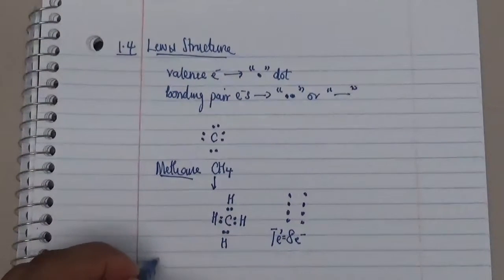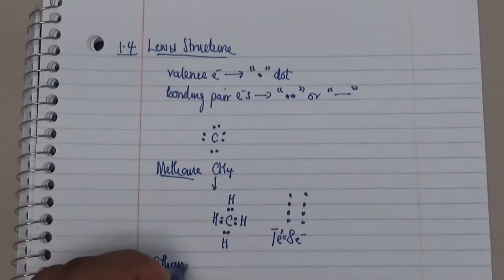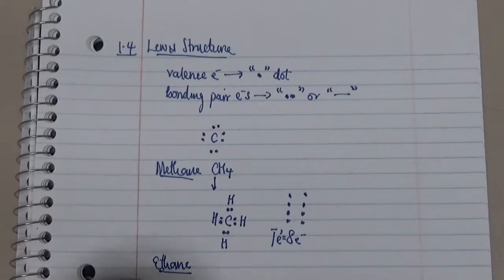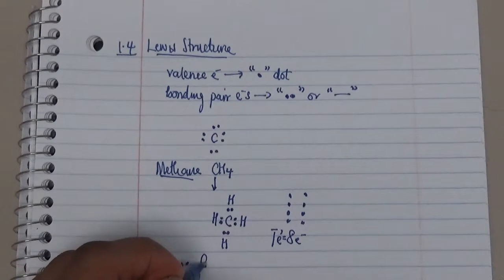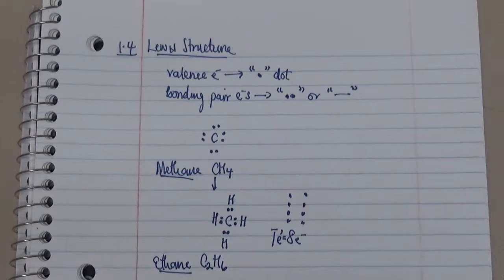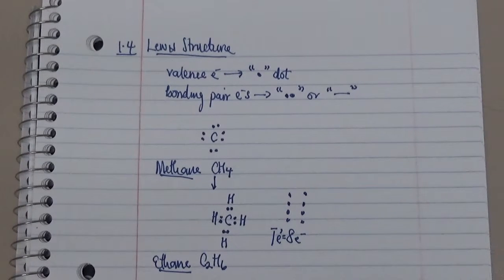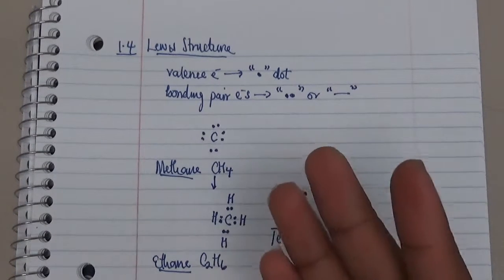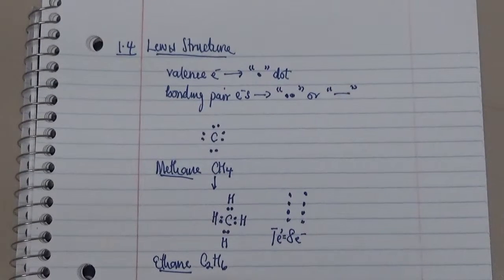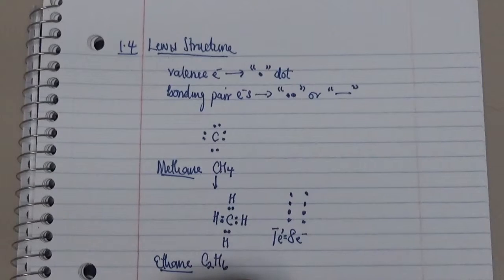Anyways, next we have ethane. And ethane has a molecular formula of C2H6. Now we know that carbon has 4 electrons, and since you have 2 carbons, 4 plus 4, 8 electrons for carbon.